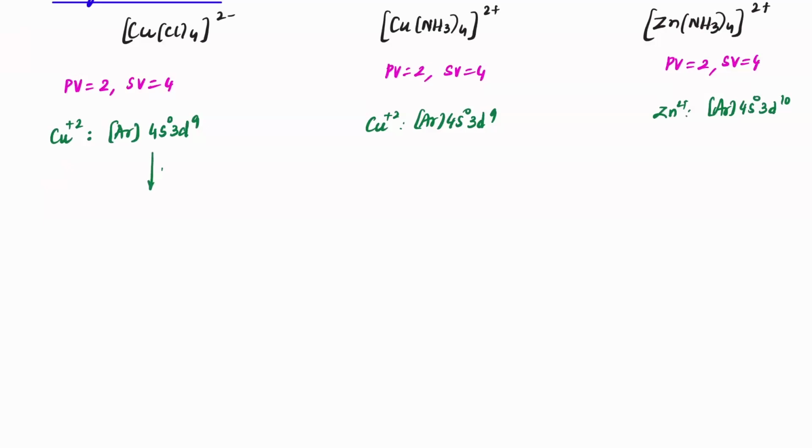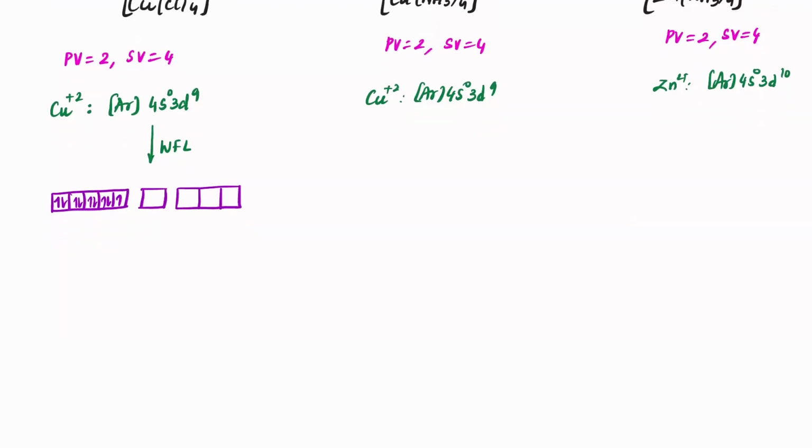Since chloride is a weak field ligand, you cannot expect any pairing to happen. So we would have 3d where 9 electrons would be present as they are. Then we have 4s which is empty, and then we have 4p which is empty.